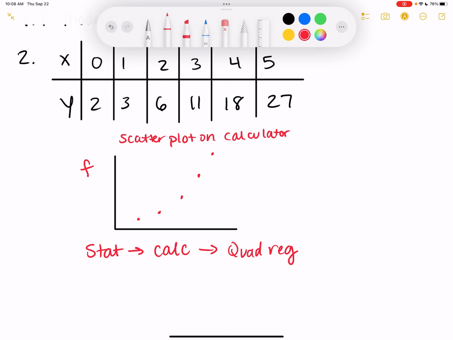That should have already been there. Mine just says quad reg. Okay, so then you have to know what goes where. So I would write this down because this is the order it's going to be in. I would just write for your reference in your notes the order that it has to go in, because my calculator will pop up what yours is doing, but mine's actually prompting me of what to put in.